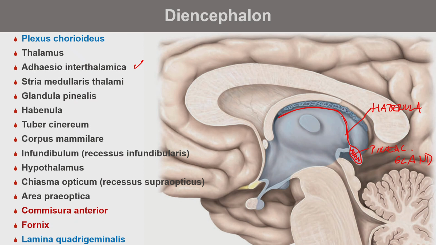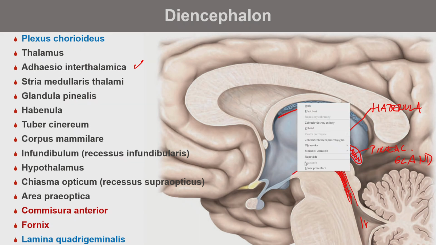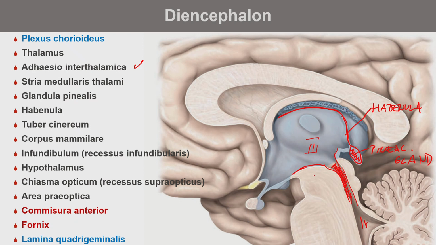Probably you have heard about the melatonin secretion during night, which has a very important role in coordination of our vital functions between day and night. Then when we go down, the third ventricle is continuing to the communication between fourth and third ventricle, which is called aqueductus, and then we can see here the upper part of a mesencephalon.